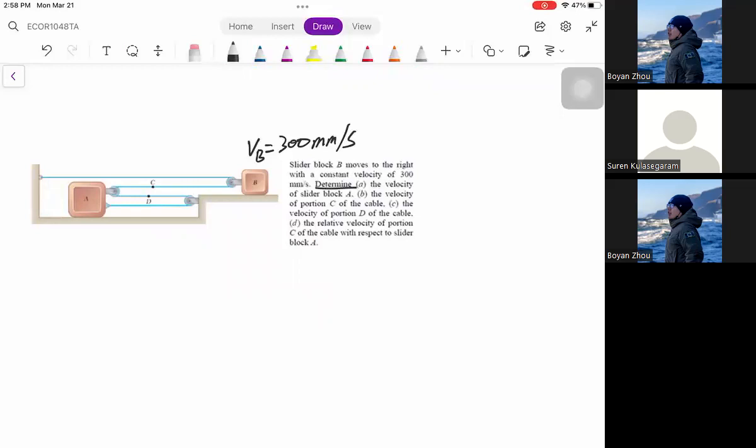The first question, A, is to find the velocity of block A. The second and third ones are very similar. It's finding the velocity of the rope, or the velocity of point C and point D.